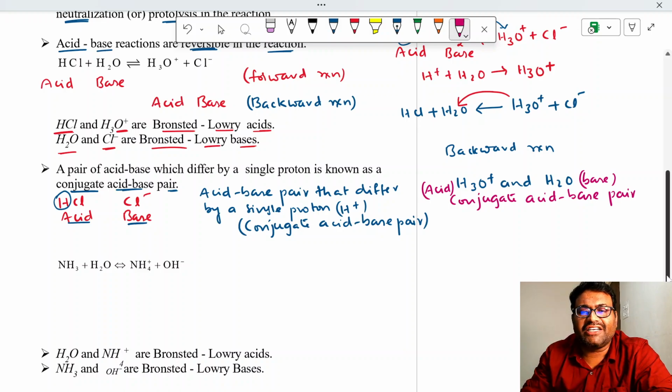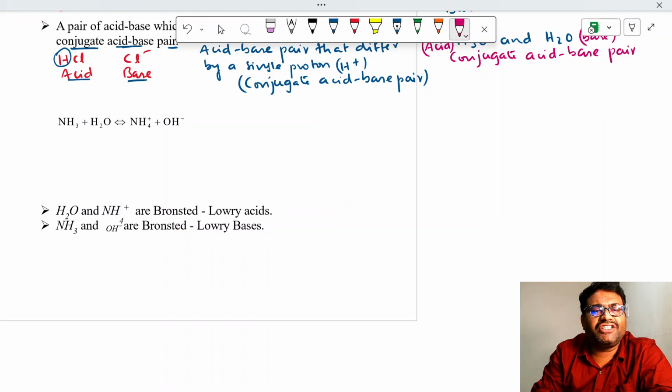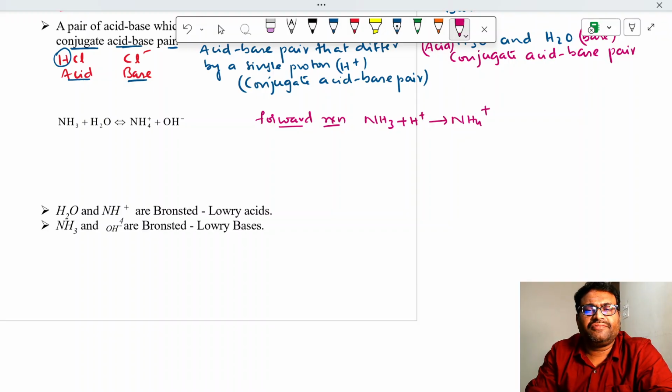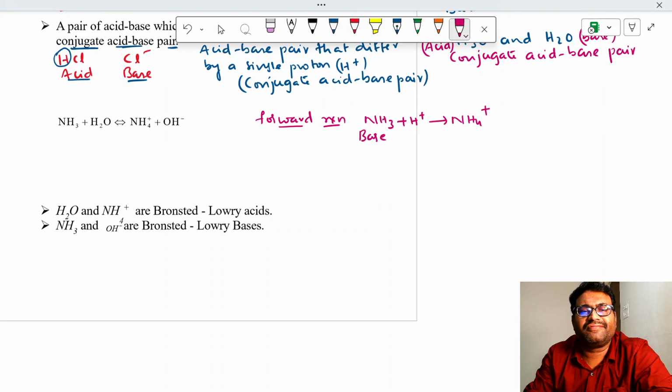Let us see another reaction here. NH3 is reacting with H2O to give NH4 plus. So what has happened in the forward reaction? NH3 took one H plus and converted into NH4 plus. Now it has taken H plus, so it is a base because it has accepted one proton.